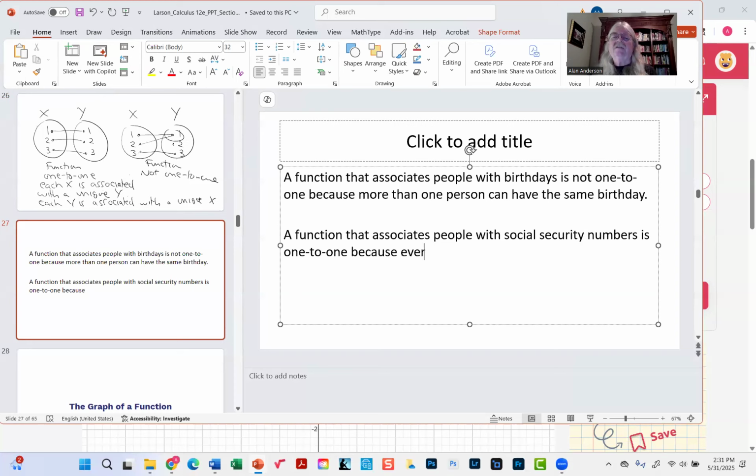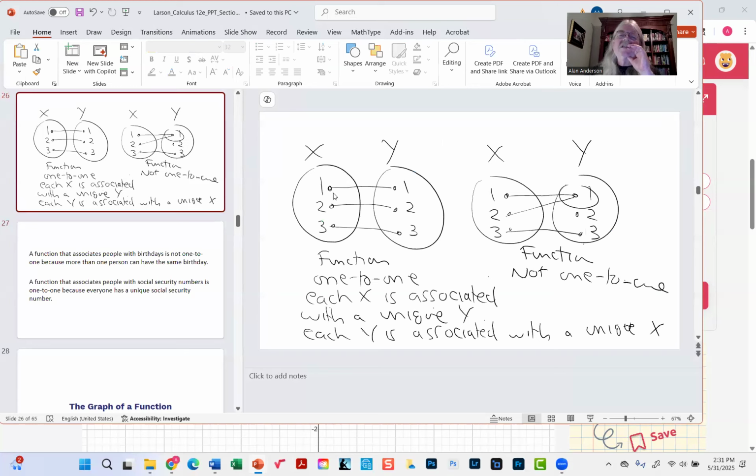Because everyone has a unique social security number. So if you look at these graphs, if these Y's are social security numbers, two people can't have the same one, but they can have the same birthday.